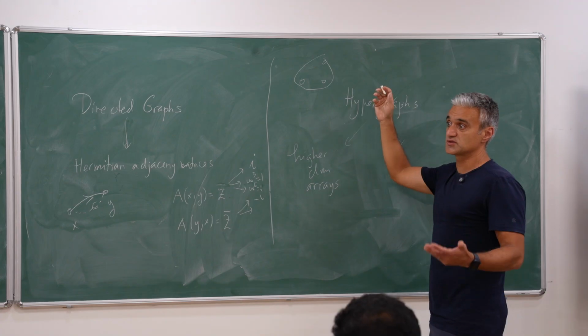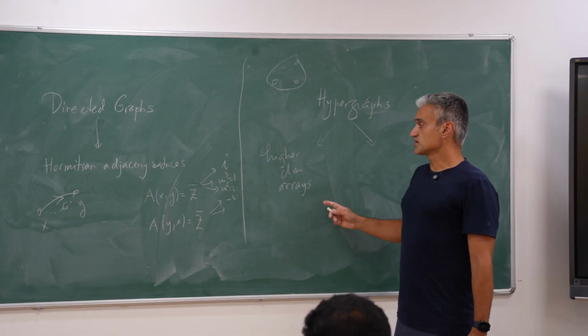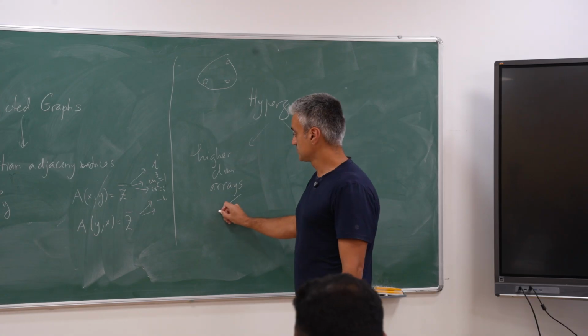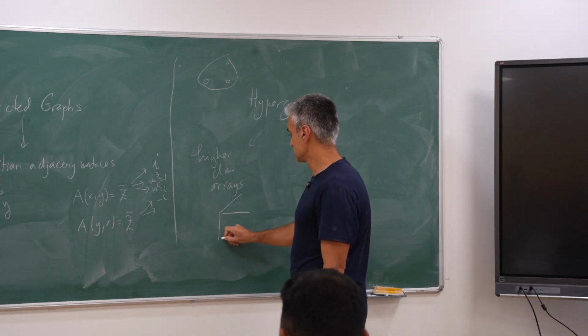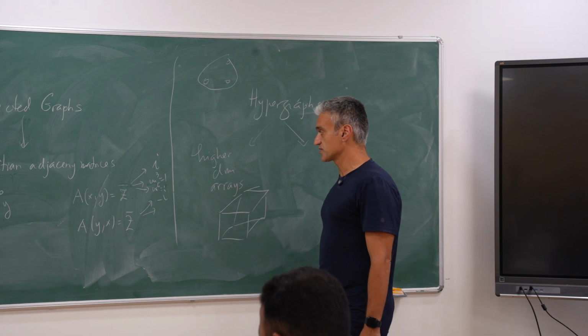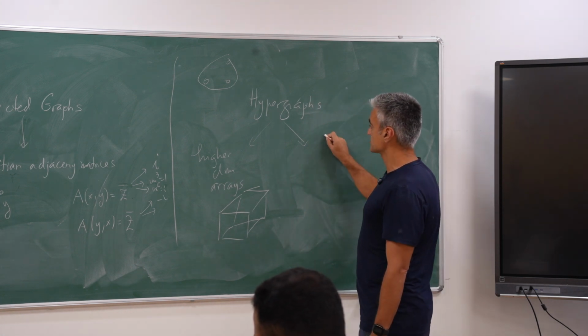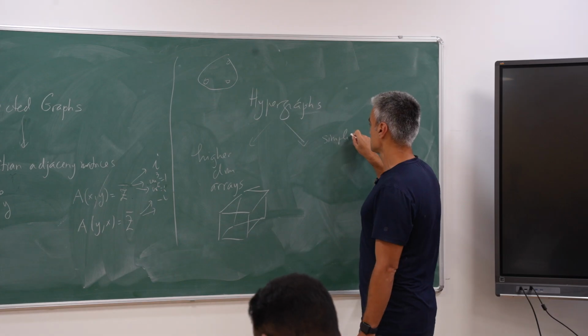So how do you capture this kind of interaction by more than two things? You can define higher dimensional arrays and try to say something. There is work there. Or you can regard the hypergraphs as simplicial complexes.